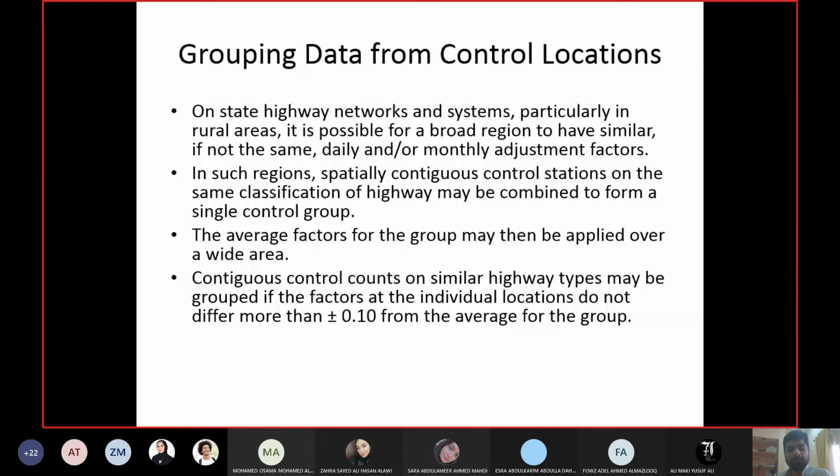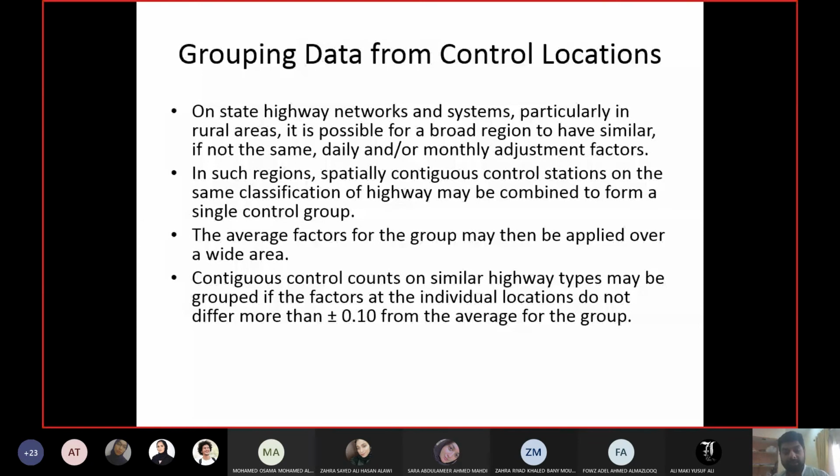So combining or grouping means taking the average. Now, for which factors can be grouped together? For which factors can you use the average instead of individual values?